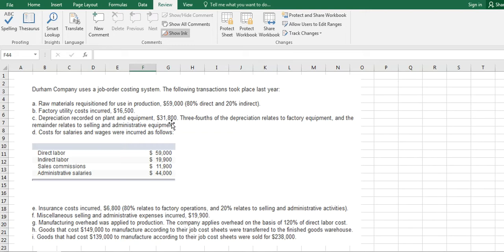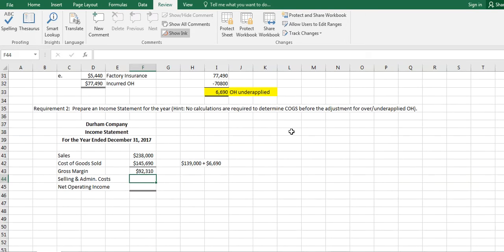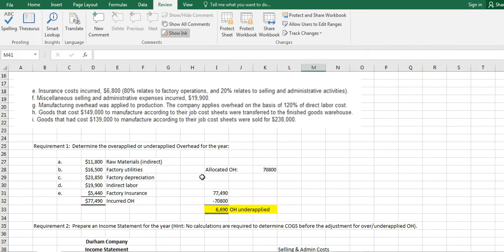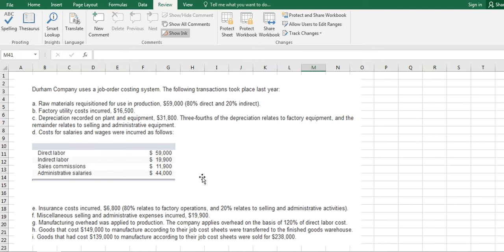So 25% of $31,800 is selling and administrative costs. Let's start a little list over here. If we calculated the cost out for selling and administrative, it would be $7,950 for depreciation. And let's go back up here again. Cost for salaries and wages.